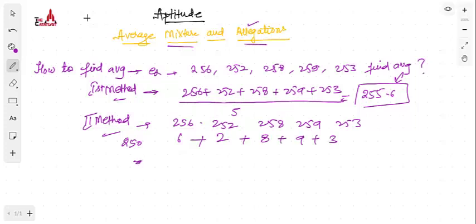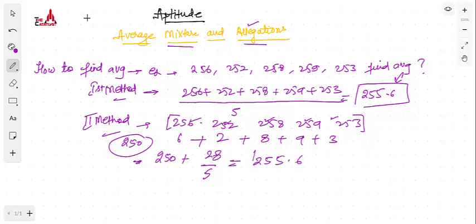So the total is 250 plus the surplus of all these over 250, which is 6 plus 2, 8, 10, 16, 9 plus 3 is 28. And how many numbers are there? 1, 2, 3, 4, 5, divided by 5. This is also a process to find the answer 255.6.